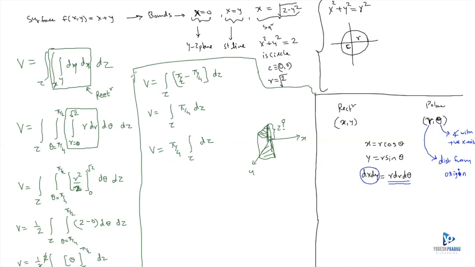Do you realize that the lower limit of Z is 0? Let's read the question again. Find the volume under the surface, above the region bounded by. Do you see above the region bounded by?